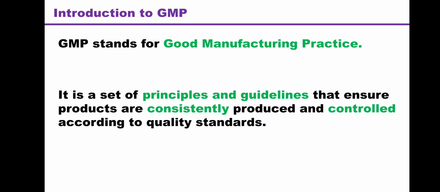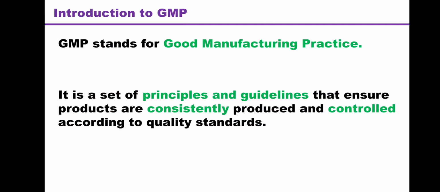Now, we'll see the introduction to GMP. GMP stands for Good Manufacturing Practices. It is a set of principles and guidelines that ensure products are consistently produced and controlled according to quality standards. Why is this important? Because medicines are directly linked to human life.